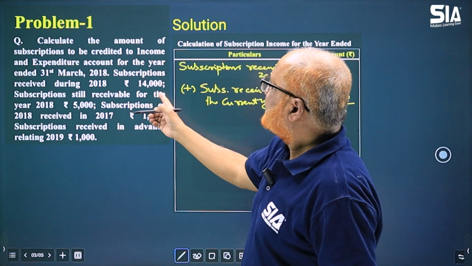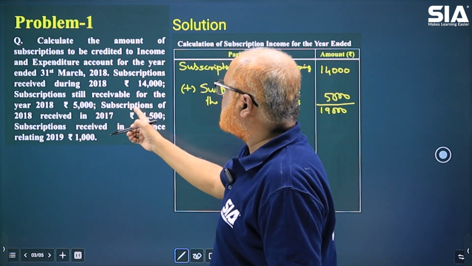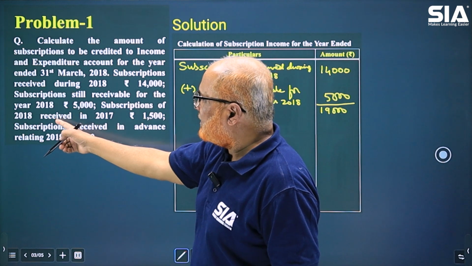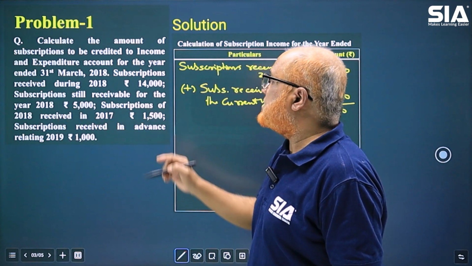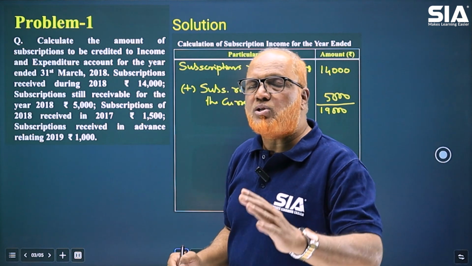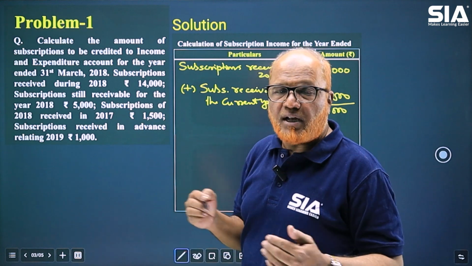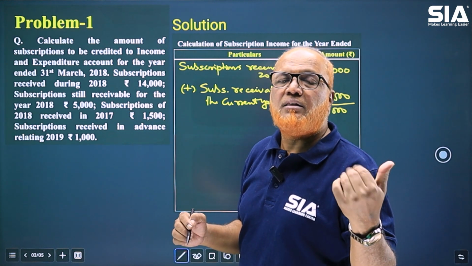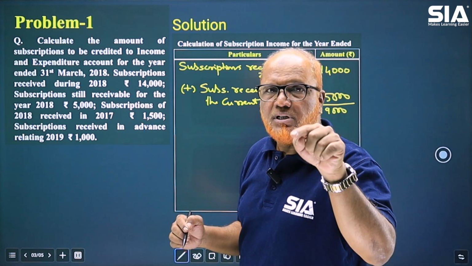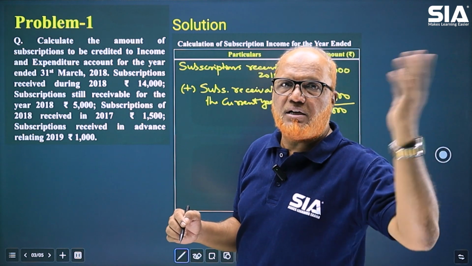Now, subscription of 2018 received in 2017, 1,500. Current year subscription was already received in the last year. That means advance we have received in the last year. That should be added because it is the current year's income. Current year's income which was received in the last year itself.